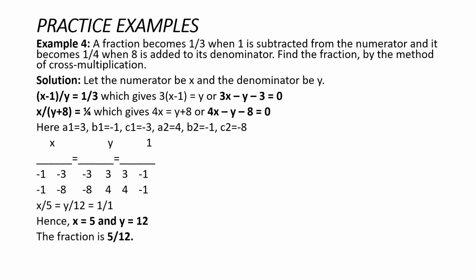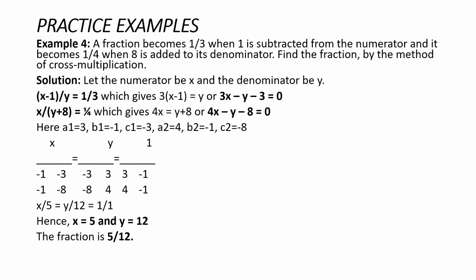Similarly for the constant term, it will always be 1 upon, we ignore C1, C2. So we write 3 minus 1 and we write 4 minus 1. Now we just solve the determinant, that means we cross multiply: x upon minus 8 into minus 1 minus minus 1 into minus 3, which will give us 8 minus 3 or 5.